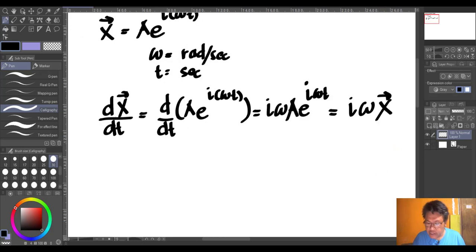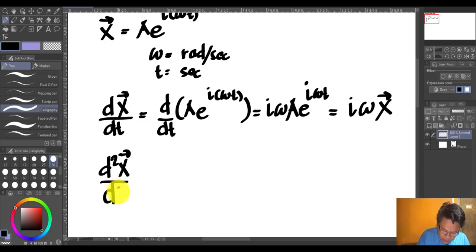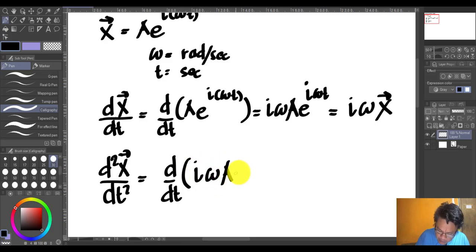Now for the second derivative, I can rewrite here x bar, second derivative of my motion with respect to time, that will be d over dt times the value of this, that is i angular velocity A e, then we have your i times your angular velocity.